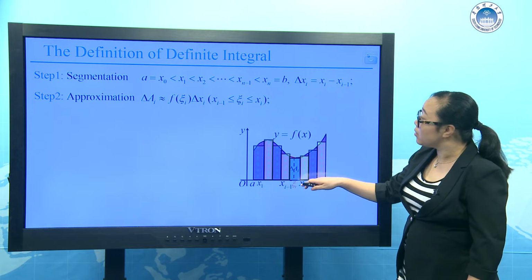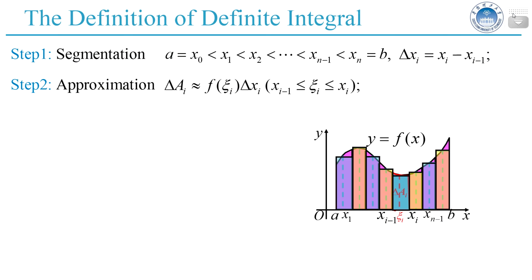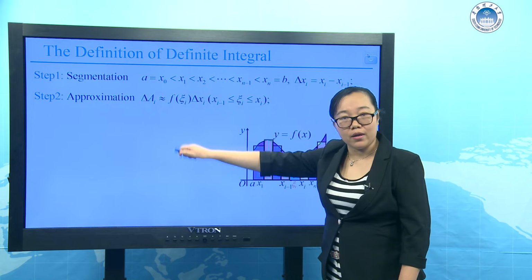The base is xi minus x(i-1). Look at the height: any fixed point xi_i is given, and we take the value f(xi_i) as our height. At this time, the area means base times height.